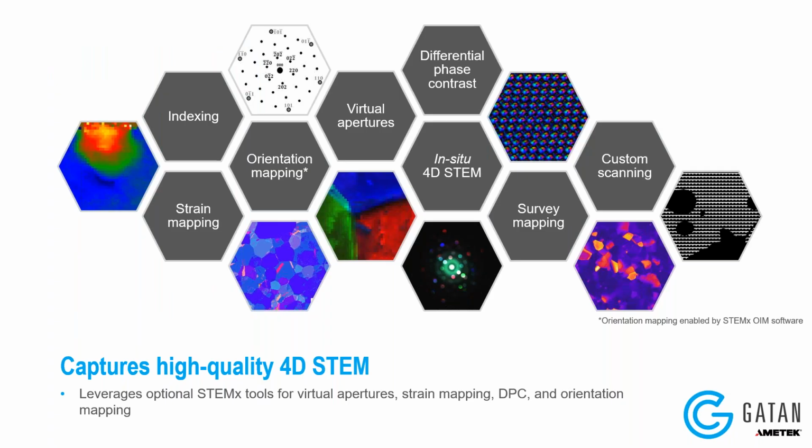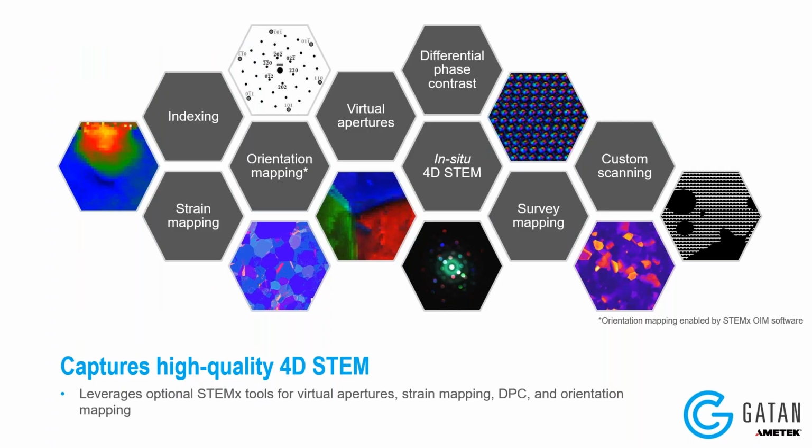But with STEMX, Metro can be used to collect some really nice high quality 4D STEM. And the data that you're seeing here on this slide is not necessarily from the Metro camera, but any of these data sets, we could collect similar data with the Metro for sure.